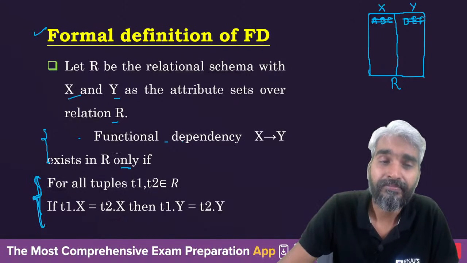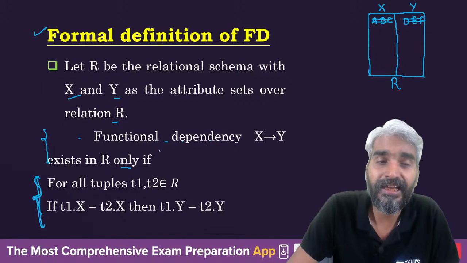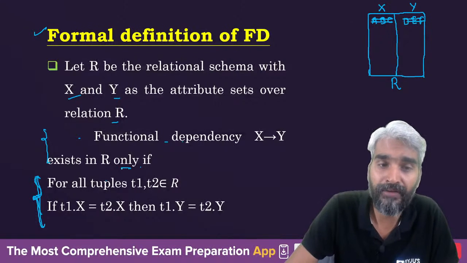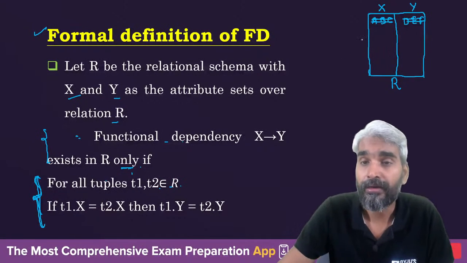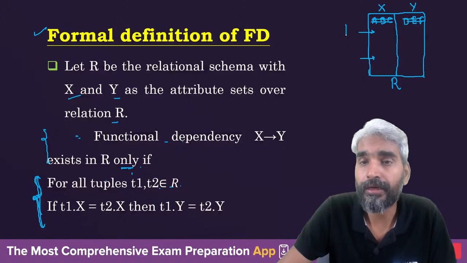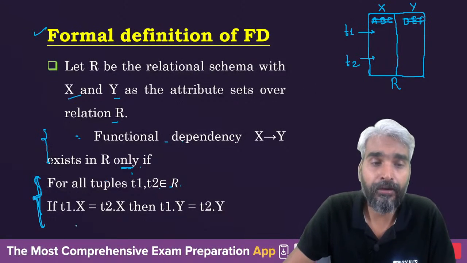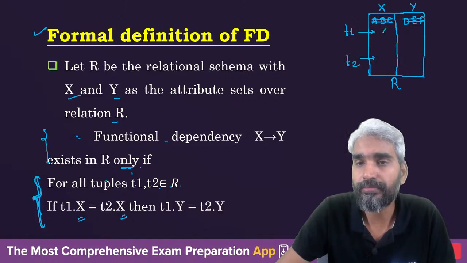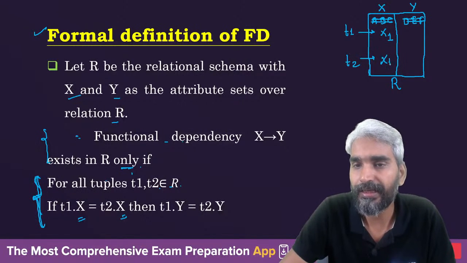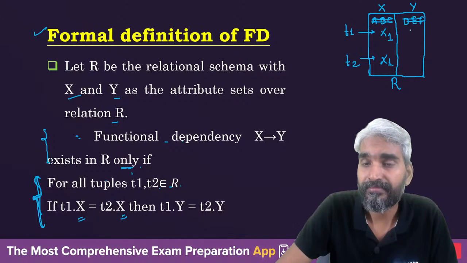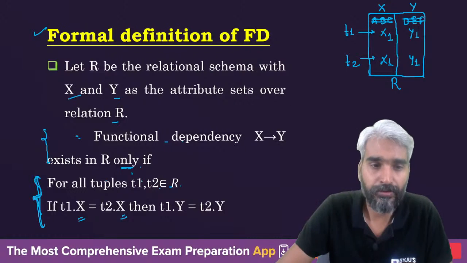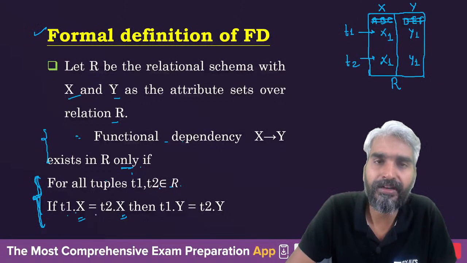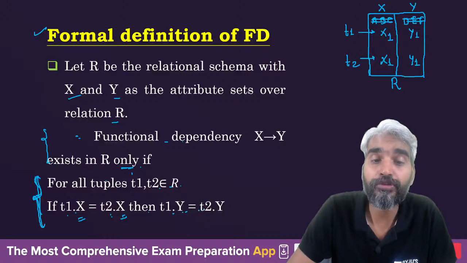If functional dependency X implies Y exists in R, then for any two tuples T1, T2 belonging to R, if the values of X are equal, let's say X1 and X1, then the values of Y should also be equal, say Y1 and Y1. So whenever in two tuples T1.x equals T2.x, then T1.y should equal T2.y.